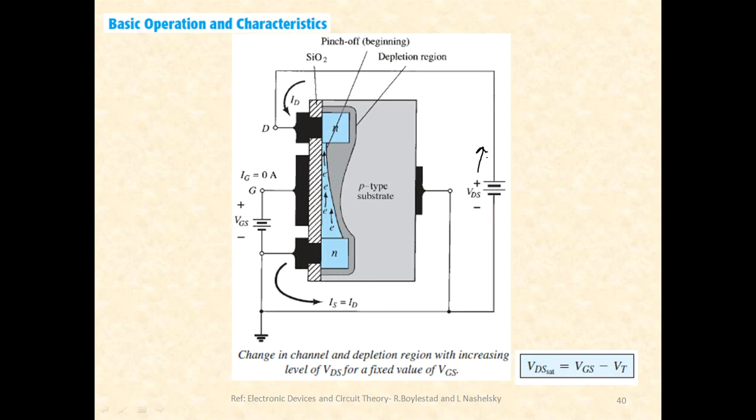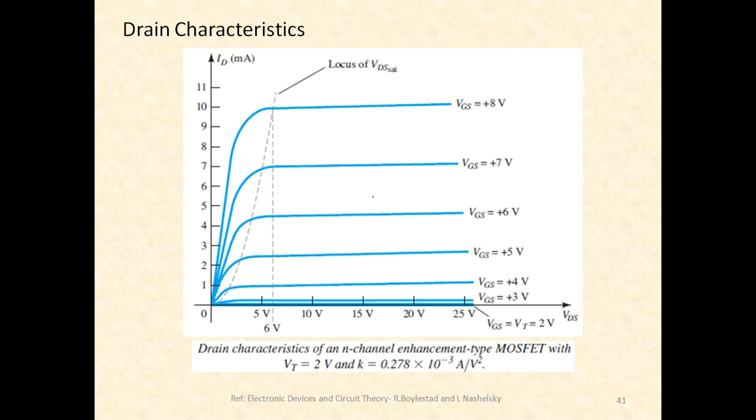Then as and when VDS increases, the current also increases, and the shape of the channel changes like this, because the thickness of the depletion wall increases, and this is the phase when pinch off occurs. So you can observe that it is pinch off. Beginning of the pinch off phase, and after pinch off the current just saturates.